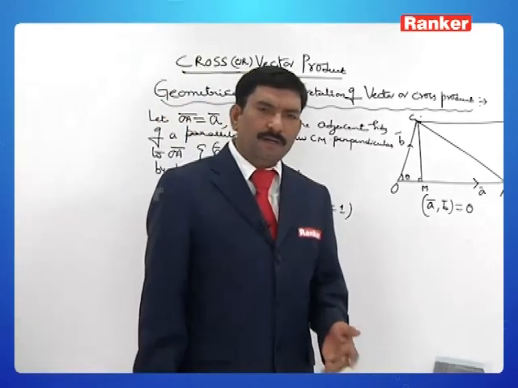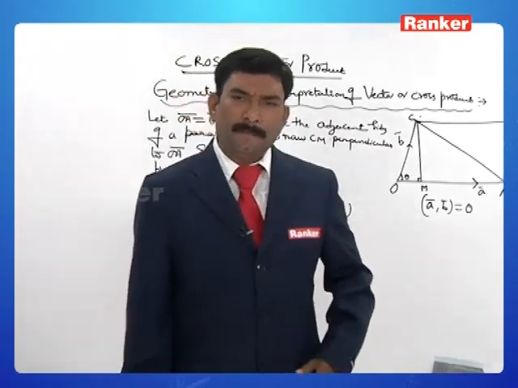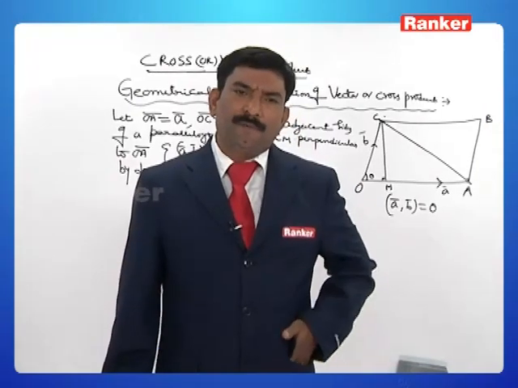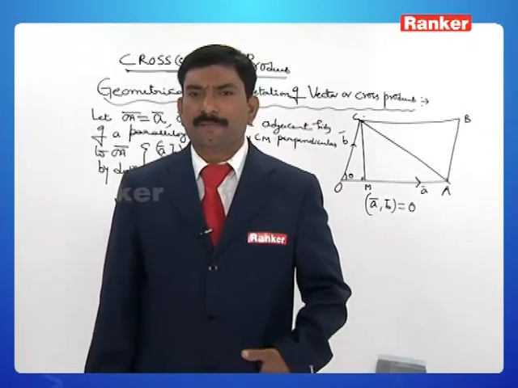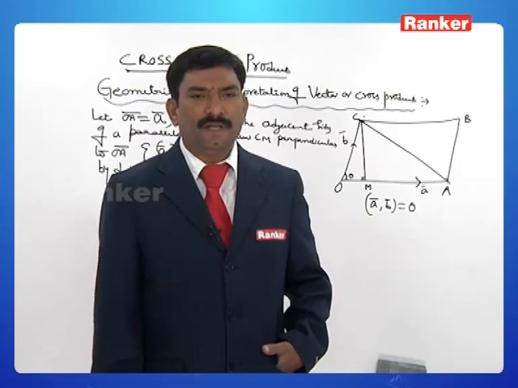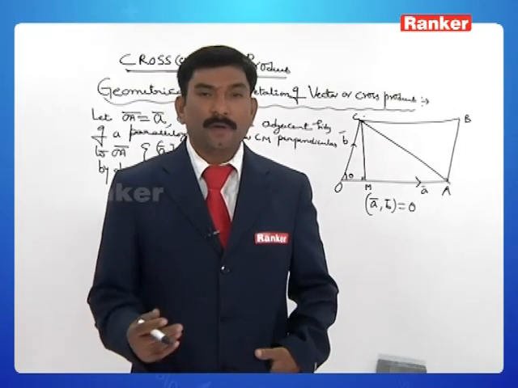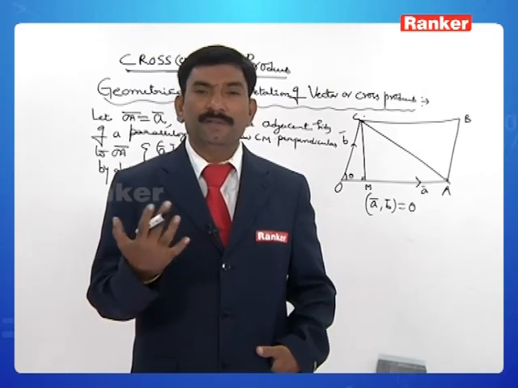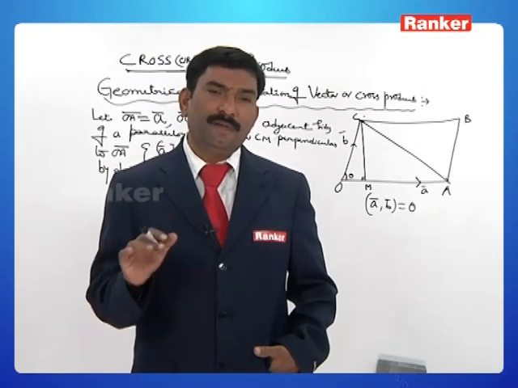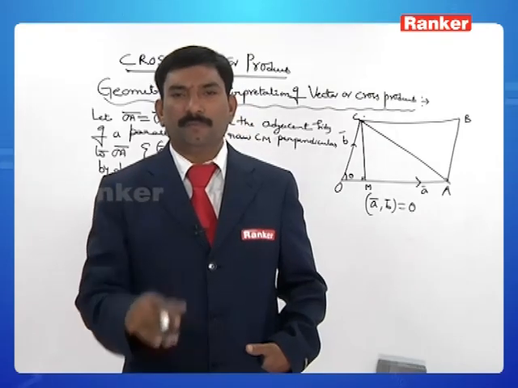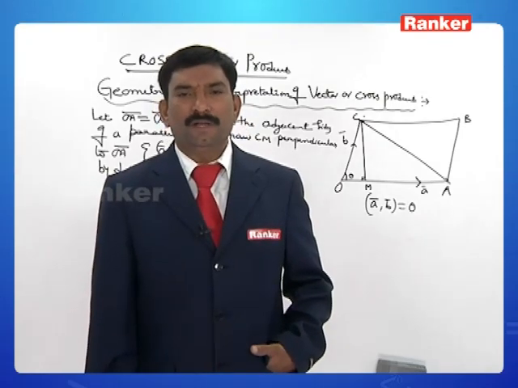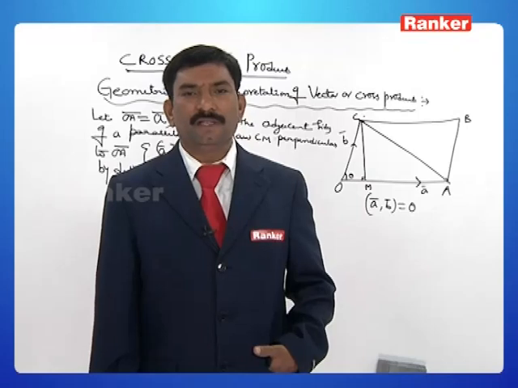We already know that by using properties of triangles, area of a triangle is equal to half into AB into sin C, or half into BC into sin A, or half into CA into sin B. B is the angle between what? A and C. C is the angle between what?